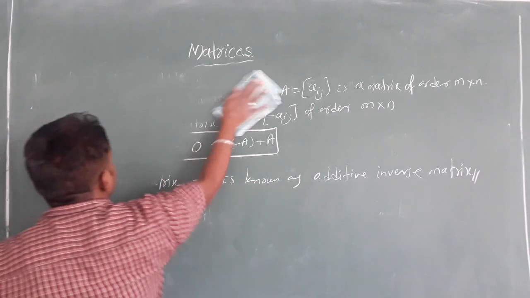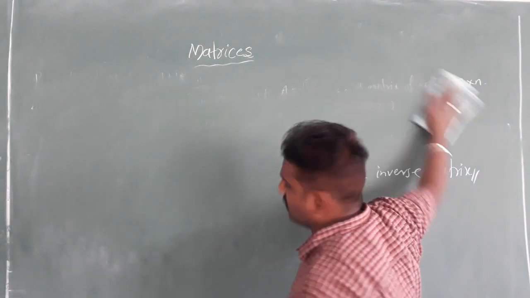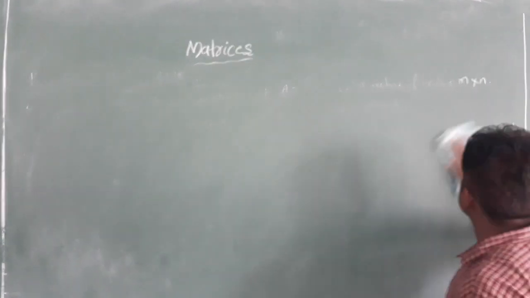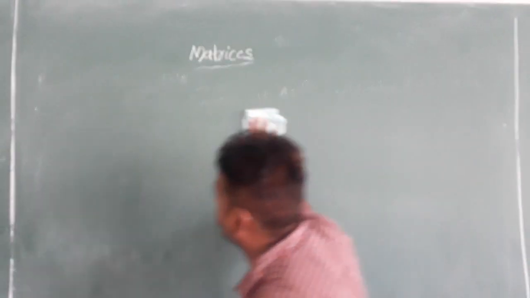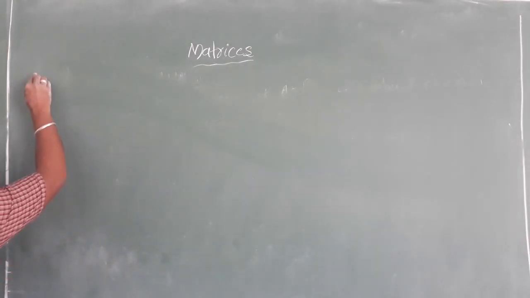Next one is properties of scalar multiplication of a matrix.